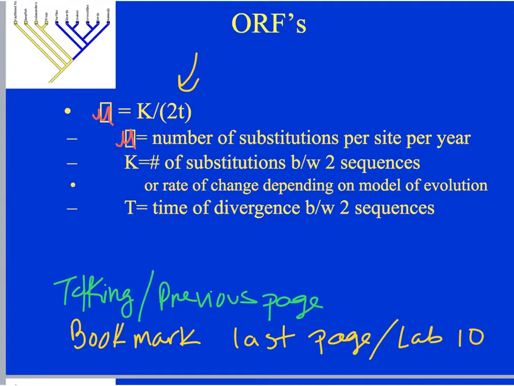And in the lab, I walk you through doing both. So K is the number of substitutions between 2 sequences, and then you can calculate time. And our K values depend on the model of evolution we use.